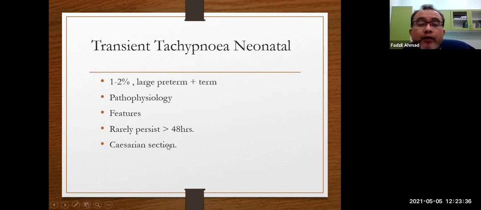But with a cesarean section, the child doesn't go through that process. The child comes out just like that, you take them out, and they cry after quite a short time. As a result, lots of fluid can still be retained inside the lung.